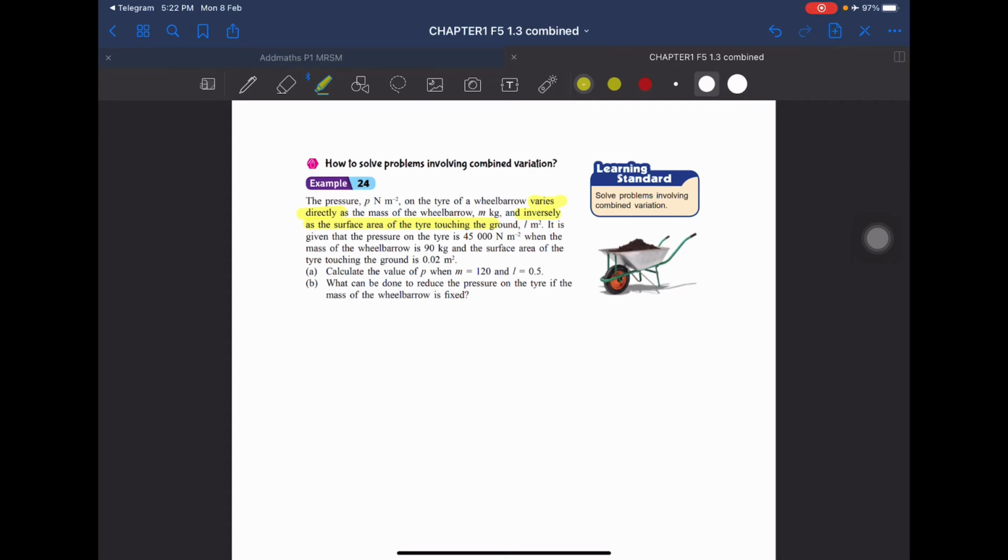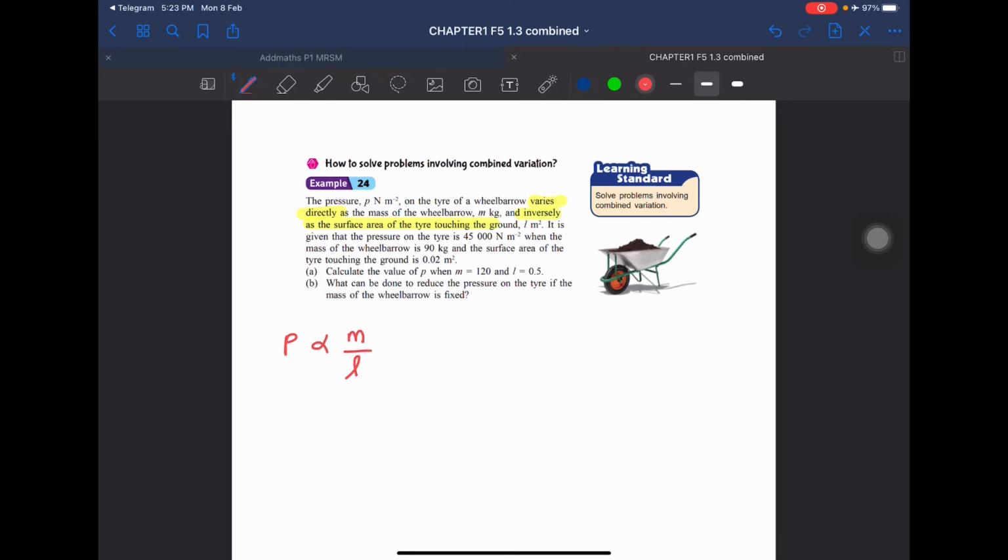So first, you need to write the information that you get in the variation relation. So we have the pressure P varies directly as the mass of wheelbarrow M and inversely as the surface area L. This is the first information that you get from the question.